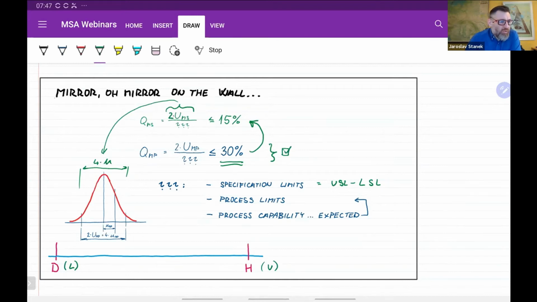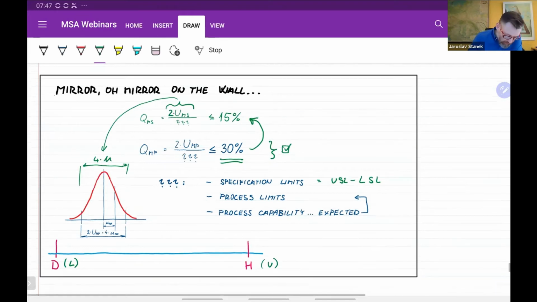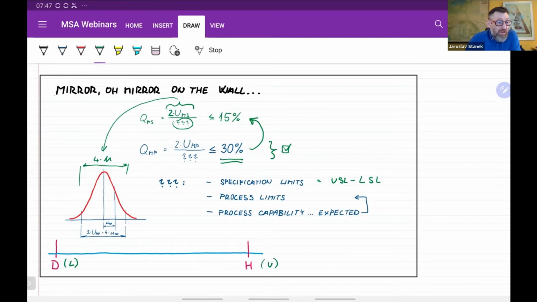Well, there are two other ways of what we can relate to down here, which are actually a little older, and that's the process limits. That's this one.